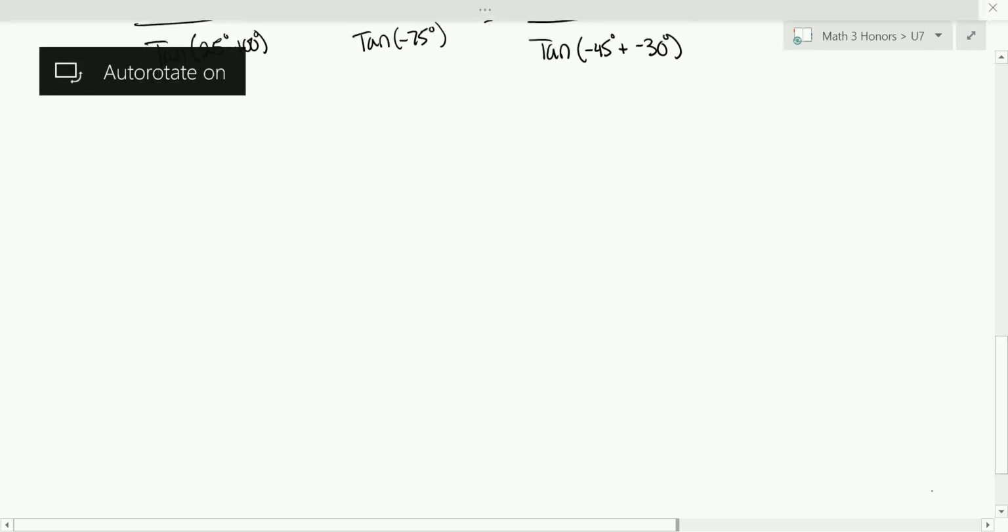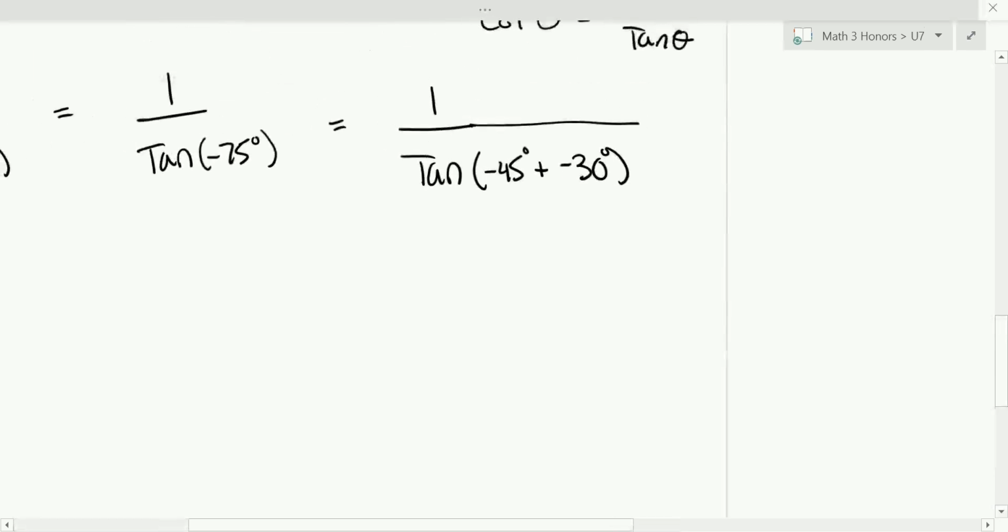The tangent of 45 plus the tangent of negative 30 is not equal to the tangent of negative 45 plus negative 30. Okay? It's equal to something else. That's why we have that formula, to see what this is equal to. That's what we're using the formula for.